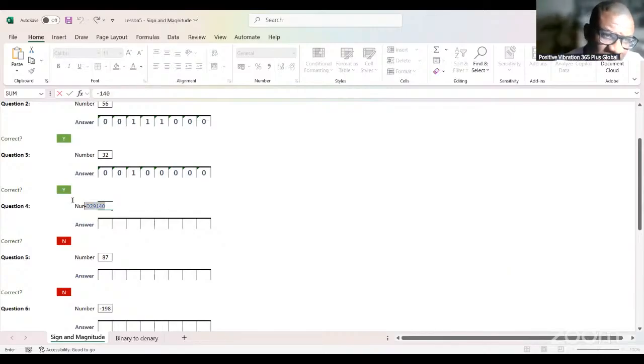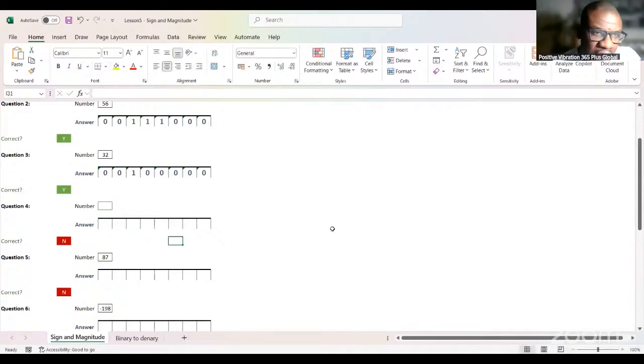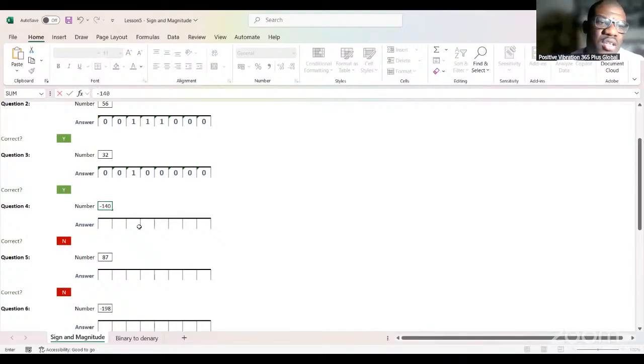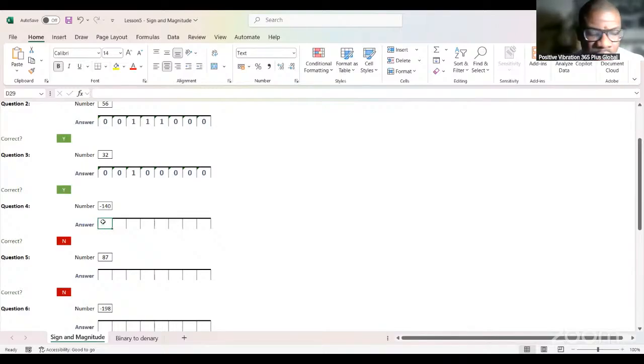I think I may not have done all the formulas like I should. So let's say if I had negative 140, would we be able to do it? Let's try negative 140. So that's 1. And it should be what? 64? It's 1 plus 32. How much is that? 96 plus 16? 96 plus 16 is what?